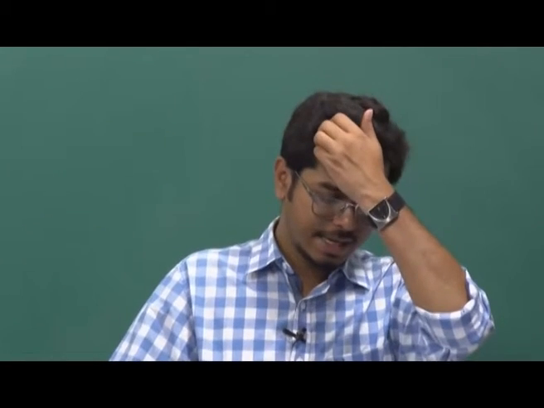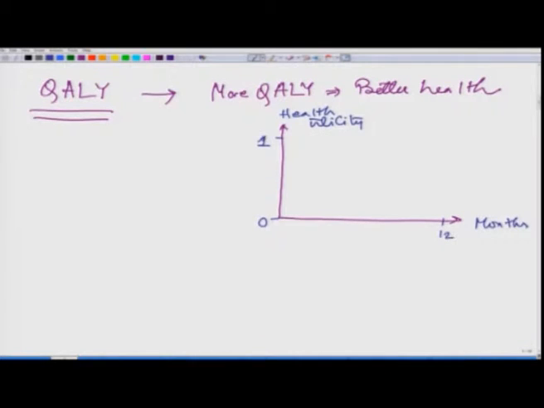We are taking the example of months here. Let us take 12 months during a particular year. Every unit is 1 month, 2 months, 3 months and so on. We have seen for a particular individual that for 4 months the QALY was something like 0.8. So here is the point, 0.8 and 4 months.